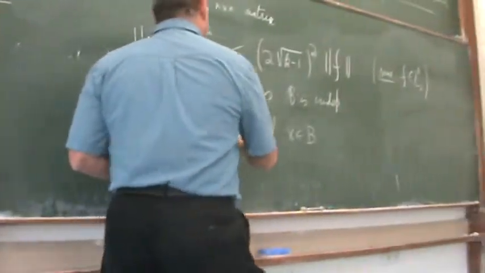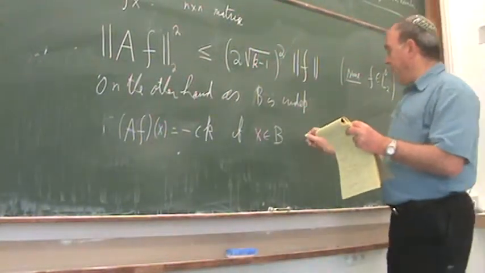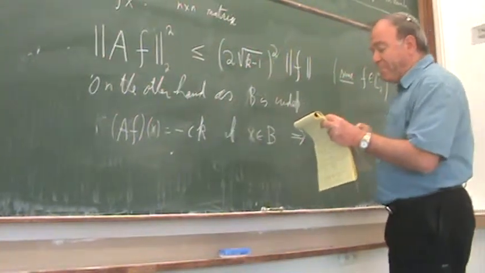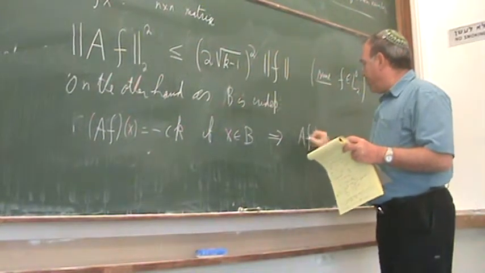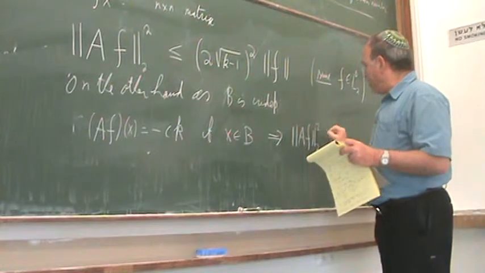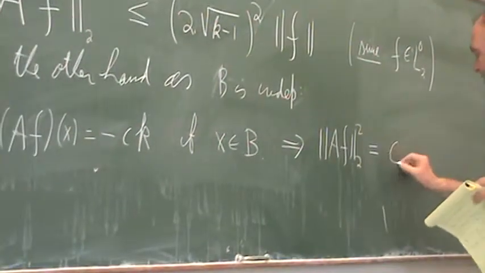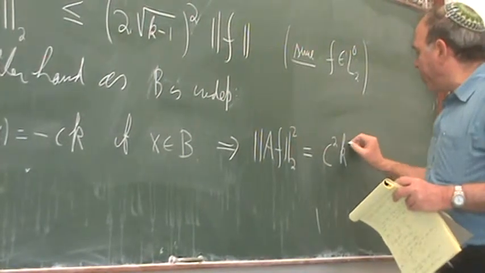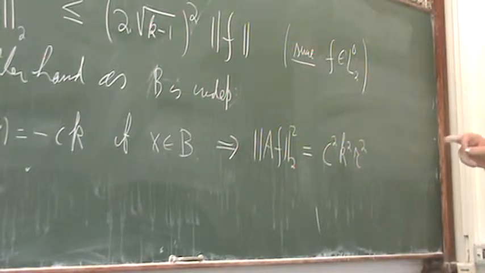Then all of them are getting minus C. So this means, and therefore, if I only sum up on these, it means that the norm of AF squared is at least C squared k squared R. It's even more because I sum up. What's R, the size of B? R is the size.